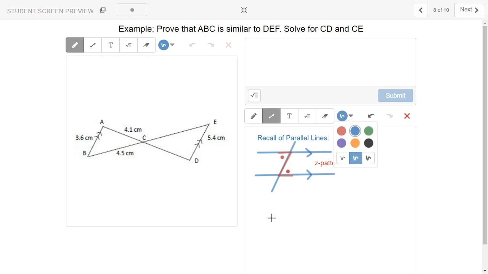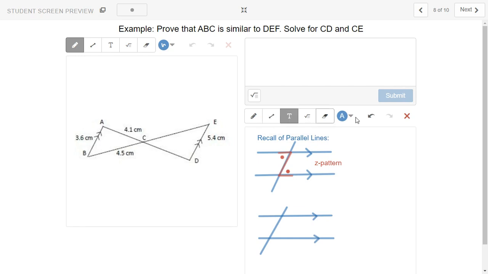Now, another one, if I have parallel lines, I can say that I know the angles here and here are equal.